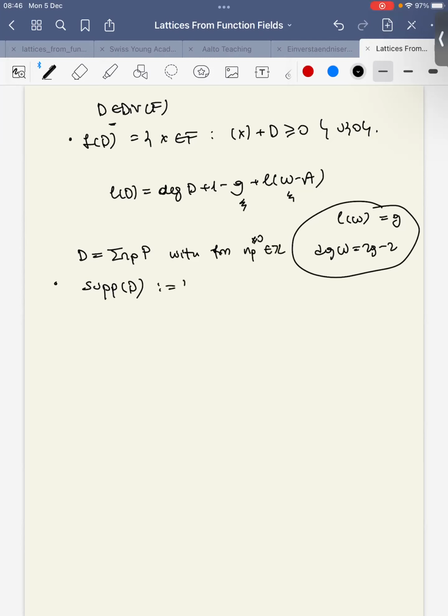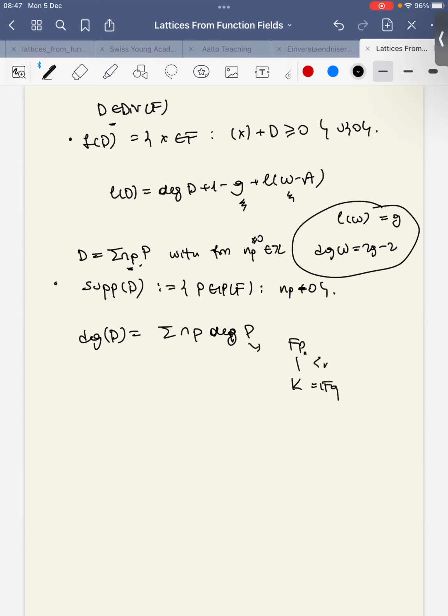The places which appear with non-zero coefficients give us the support of the divisor D, and the degree of the divisor is defined as the sum of n_P times degree P, where degree P denotes the extension degree of the residue class field of the place P over K. In this case, this is going to be F_q, and we have seen that this is always finite, so degree D is a well-defined notion.